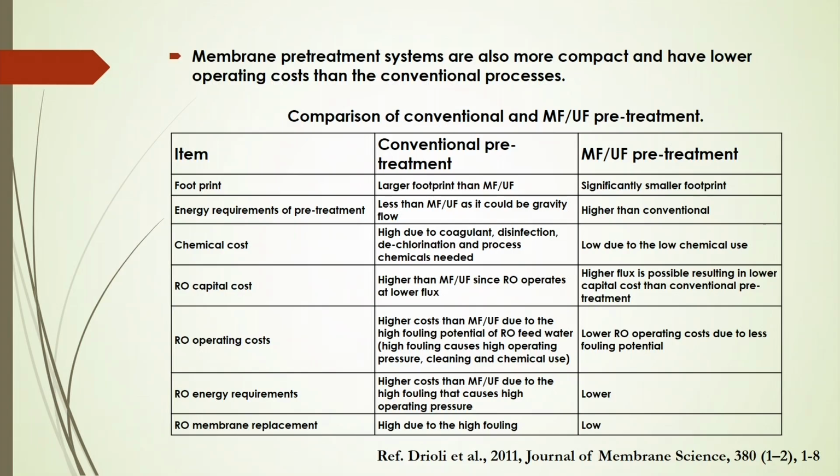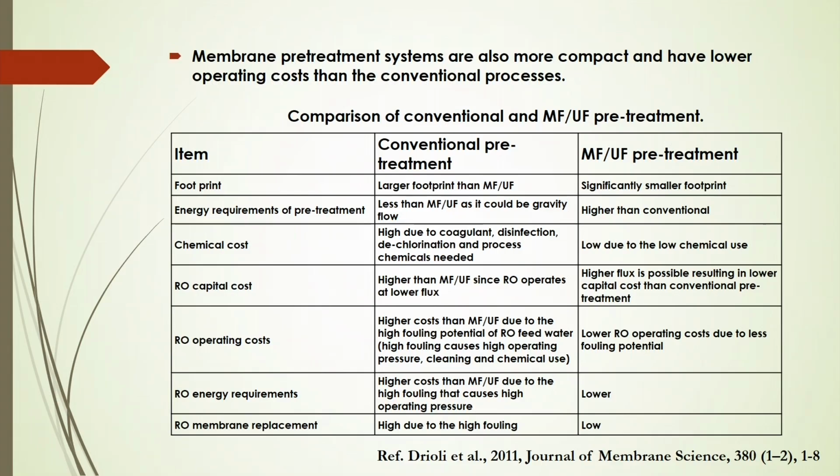In this case, if you are considering chemical cost, conventional pre-treatment will be high due to the coagulant, disinfection, dechlorination and process chemicals that are needed. Whereas microfiltration or ultrafiltration pre-treatment requires low chemical cost because of the low chemical use.